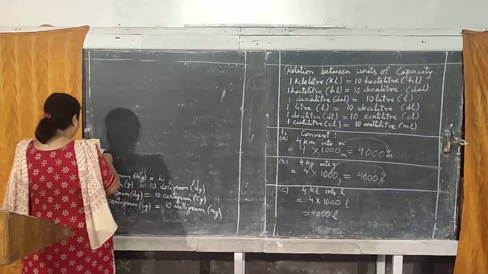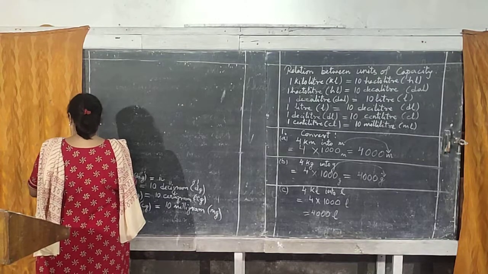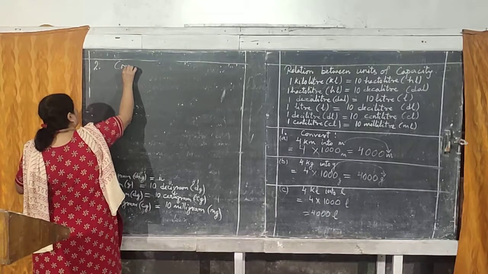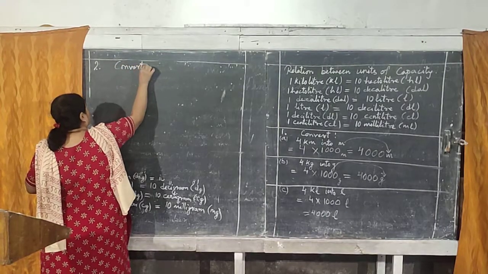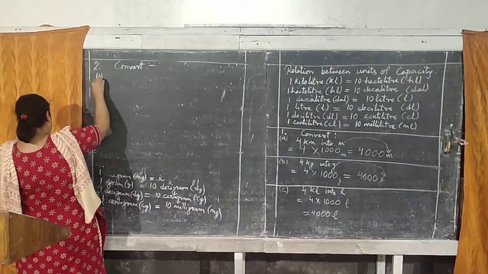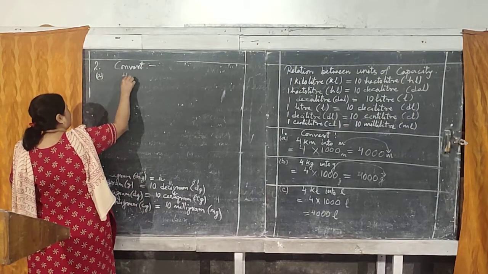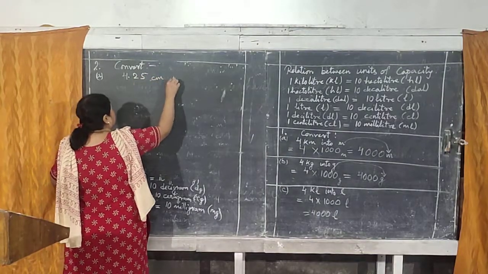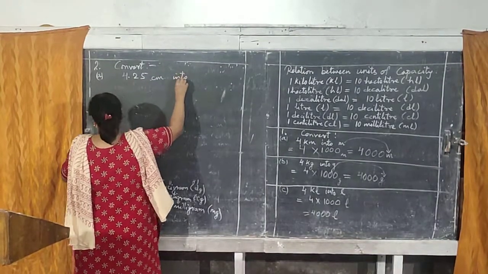Now next question is question number 2. Convert A: 4.25 centimeter into millimeter.